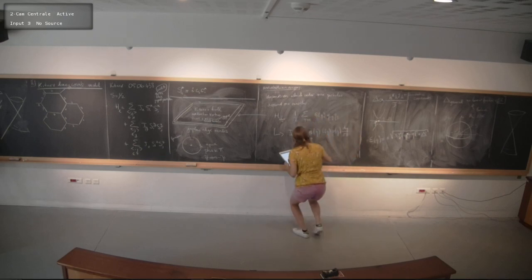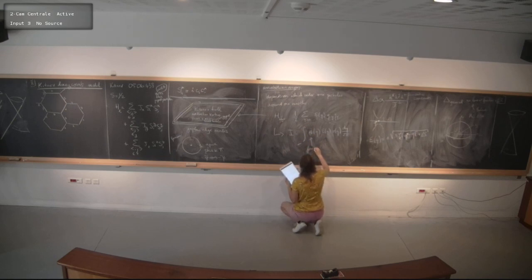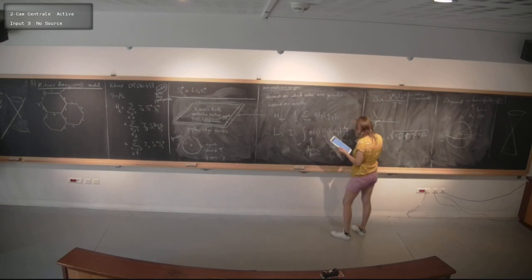So this is the Fermi function, this is the dispersion of edge Majoranas, and this is their velocity, which is just equal to d epsilon over dq.